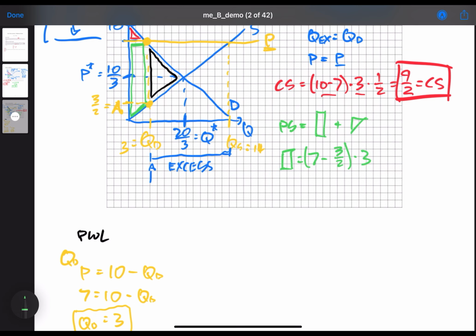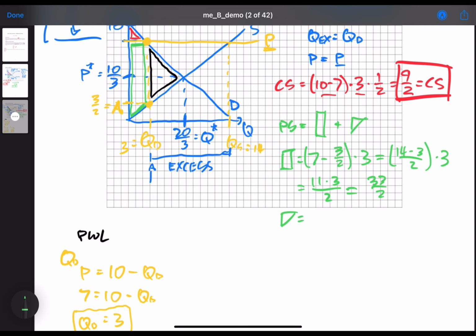And here we're not dividing by 2 because it's not a triangle. All right, so we have 14 minus 3 over 2 times 3. This is 11 times 3 over 2, so this is 33 over 2.